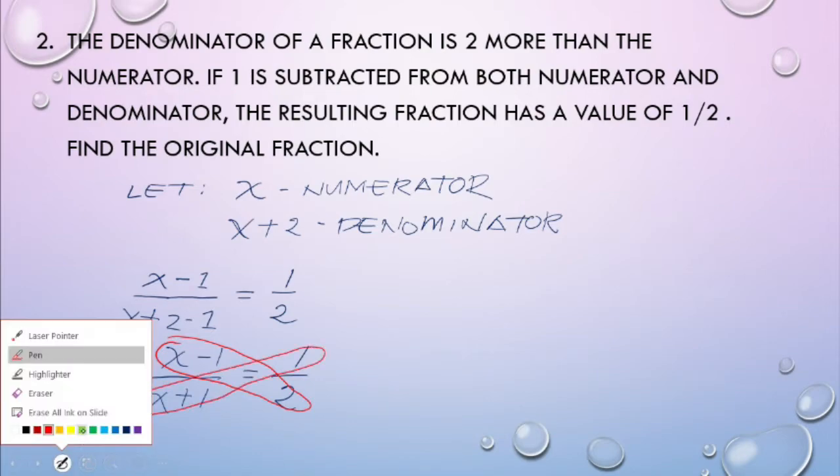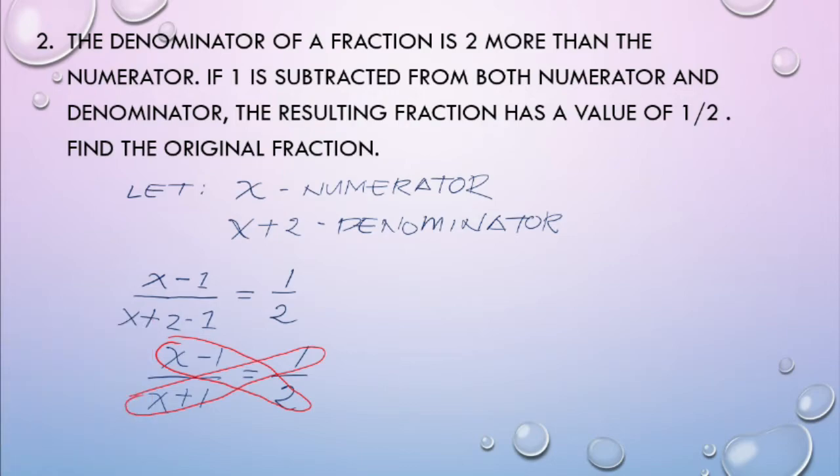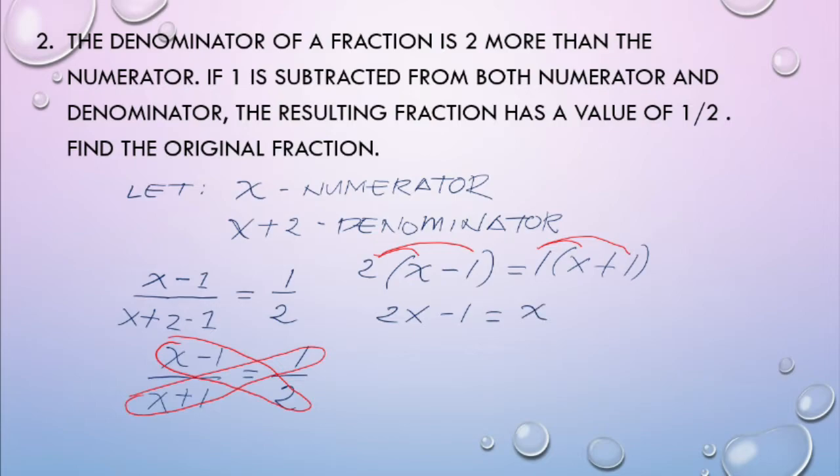So, what will happen, yung x minus 1, imomultiply natin sa 2, then yung x plus 1, imomultiply natin sa 1. Then, apply distributive property na lang po. So, 2 times x, 2 times negative 1, then 1 times x, then 1 times 1. Okay? So, 2 times x is 2x minus 2 equals 1 times x is x, 1 times 1 is 1.